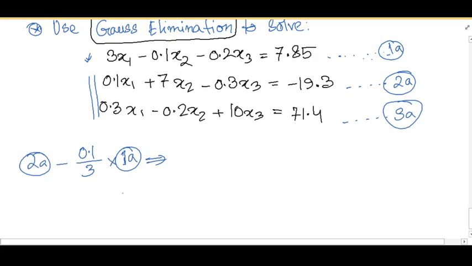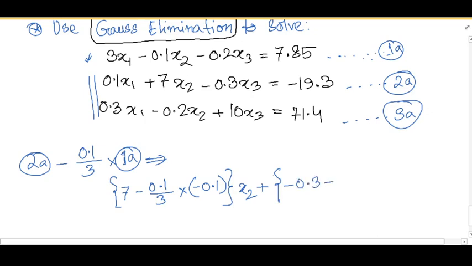So it will become 7 minus 0.1 by 3 multiplied by 0.1; this is the coefficient of x2. For x3 it will become minus 0.3 minus 0.1 by 3 multiplied by the coefficient of 1a, that is 0.2.